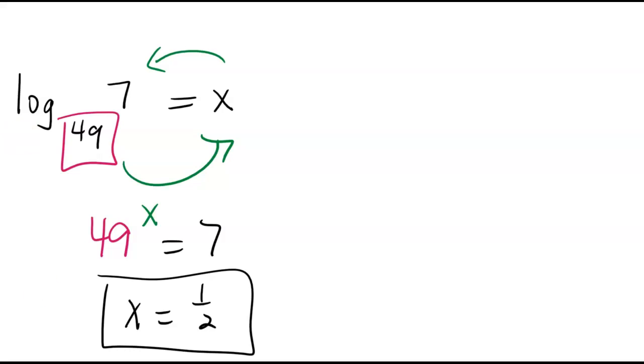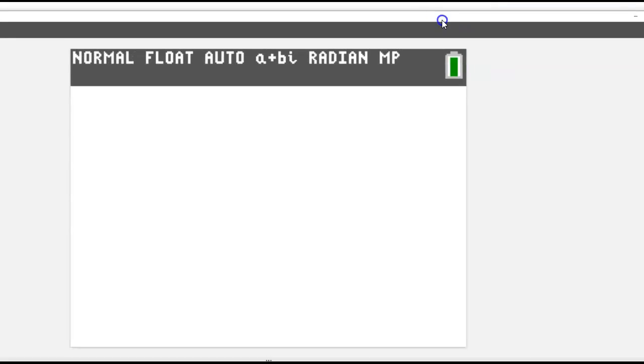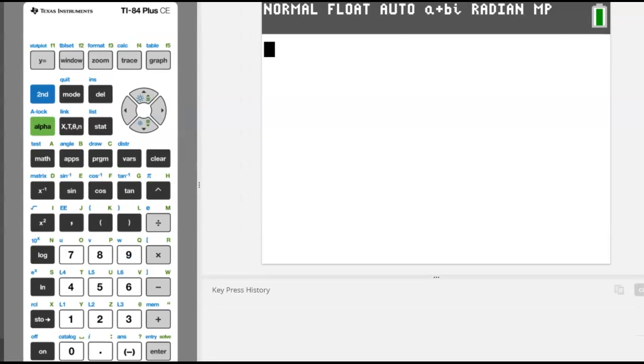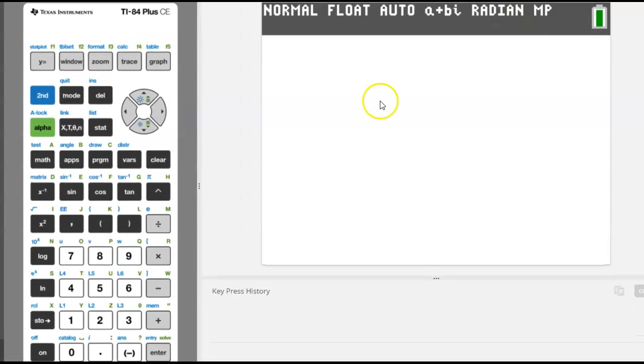Now this is all dependent upon what type of calculator you have. The one that I'm going to show you on the screen is, let me get it on the screen. Okay. So this is a TI-84 Plus, right? So your TI-84 does have the change of base, where you can use logarithms in a different base.